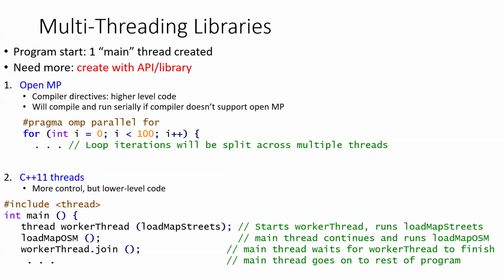In this case, you will need to specify what each thread does. You will need to specify a different function that each thread executes based on what's specified in the thread library. And in this tutorial, we will only be showing OMP. Any questions before I go on? Okay.